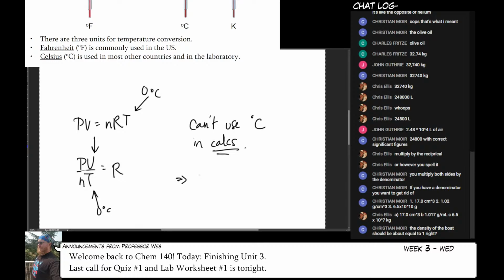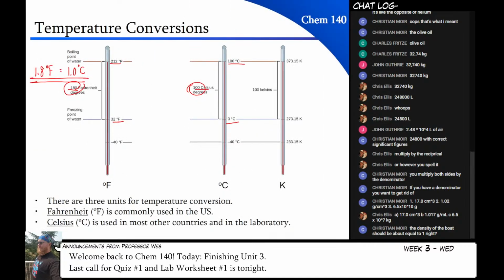So the answer that we have to do is use Kelvin. What the hell is Kelvin, then? Well, Kelvin is just basically Celsius, except that we put the 0 point essentially out of reach. The lowest temperature on the scale here, also known as absolute 0, is set to 0 Kelvin.